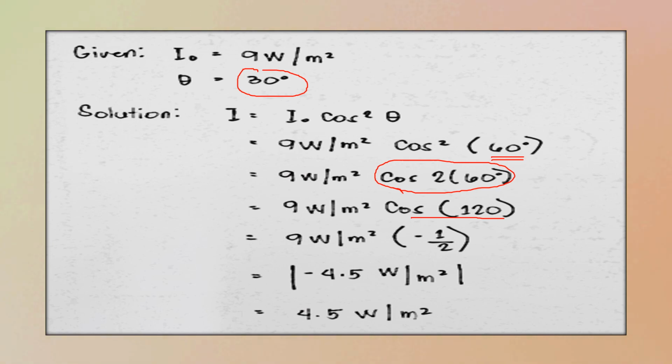So 9 watts per square meter times negative 1 half is equal to negative 4.5 watts per square meter. But since there is no negative value, we just need to get the absolute value, which is 4.5 watts per square meter.